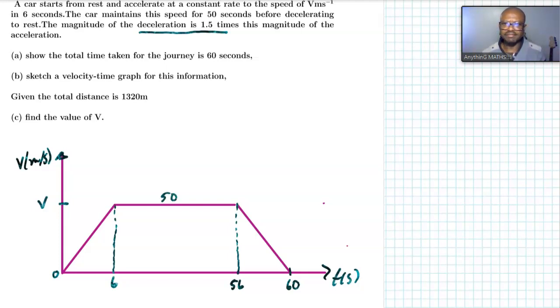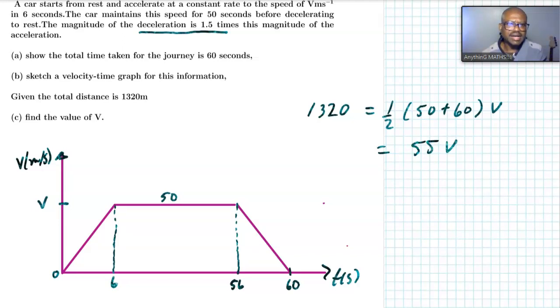And the height will be V. They are giving the total distance, so we can confidently write that 1320 is equal to half of 50 plus 60 times V. And this will give you 1320 divided by 55 V. Now divide through by 55, and you're going to have V equal to this divided by 55. Then take your calculator to find out what the answer will be.